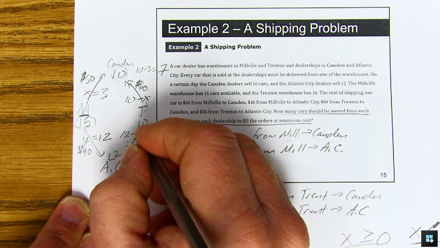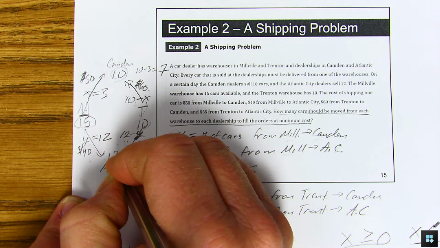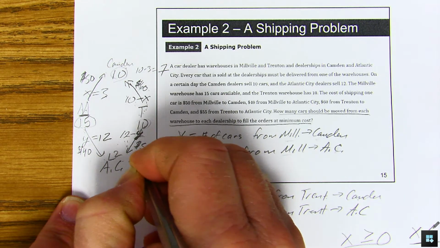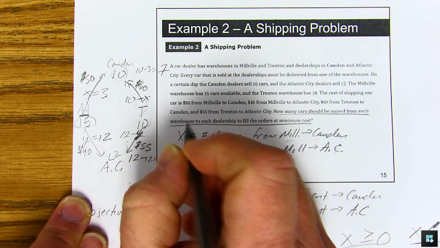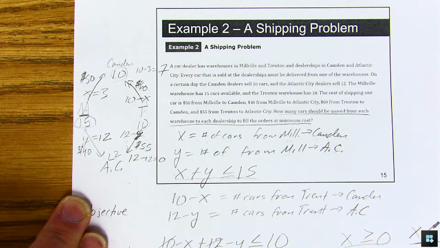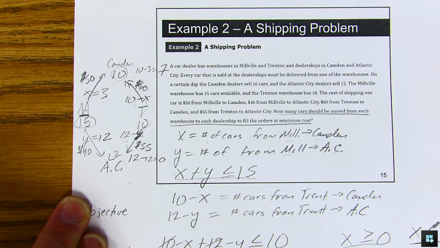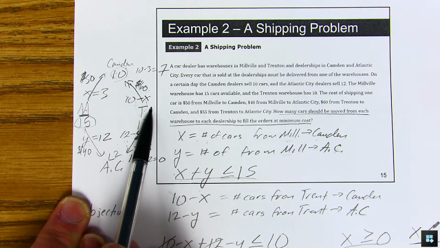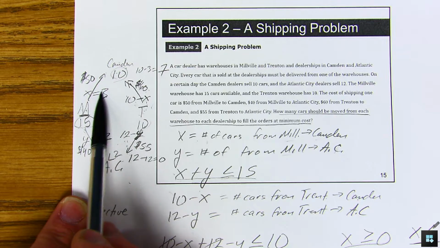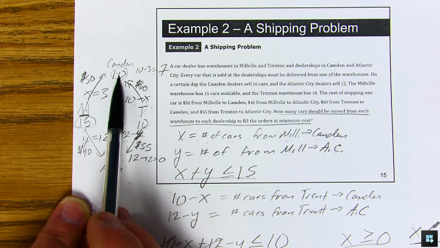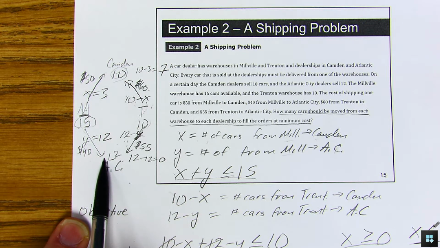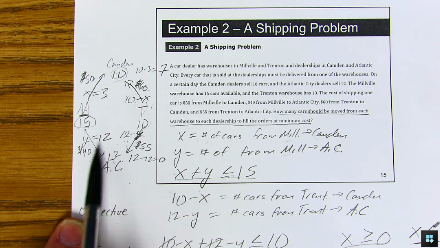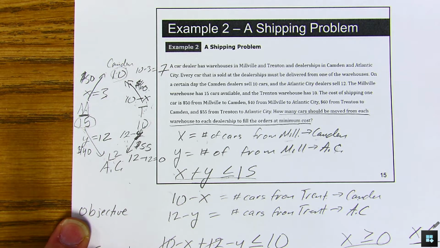How many cars from Trenton to Atlantic City? 12 minus 12. 0. So don't take any from Trenton to Atlantic City. You're going to take 7 up from Trenton to Camden, 3 up from Millville to Camden, so 7 plus 3 is 10. Then you're going to take 12 down to Atlantic City from Millville, that's 12. And there you go. That's how many from each warehouse should be done.